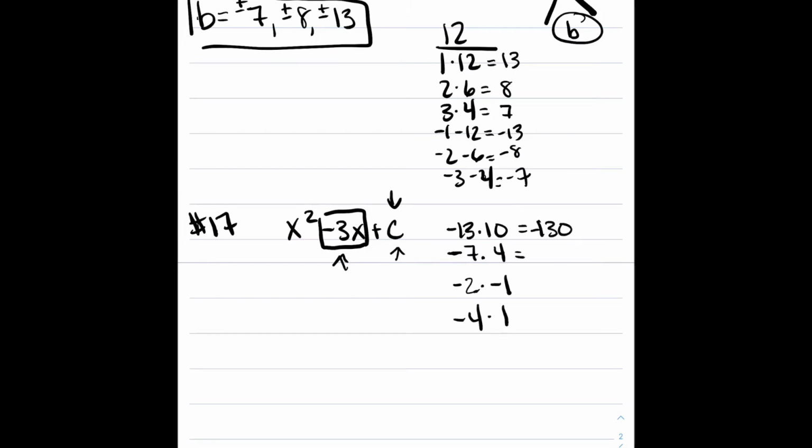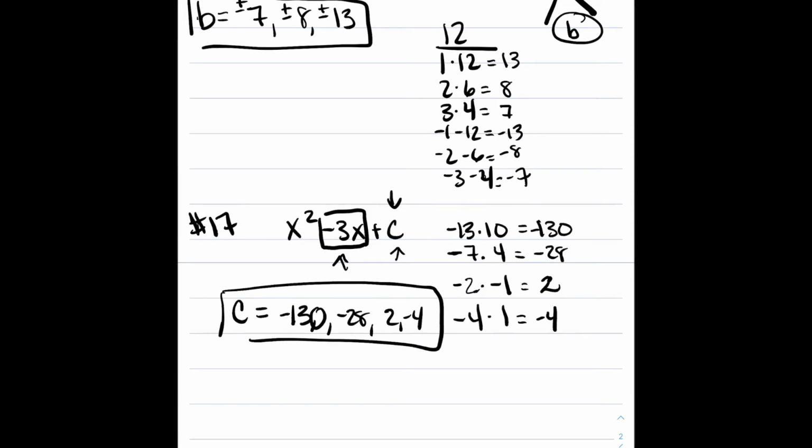So negative 13 times 10 is negative 130. Negative 7 times 4 is negative 28. Negative 2 times negative 1 is positive 2. And negative 4 times 1 is negative 4. So that means 4 possibilities for c are negative 130, negative 28, 2, and negative 4.